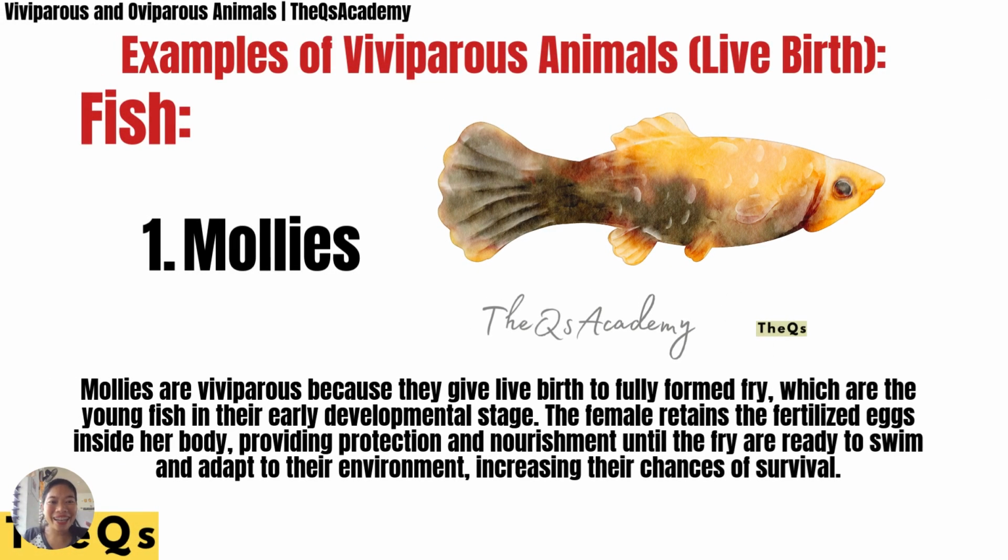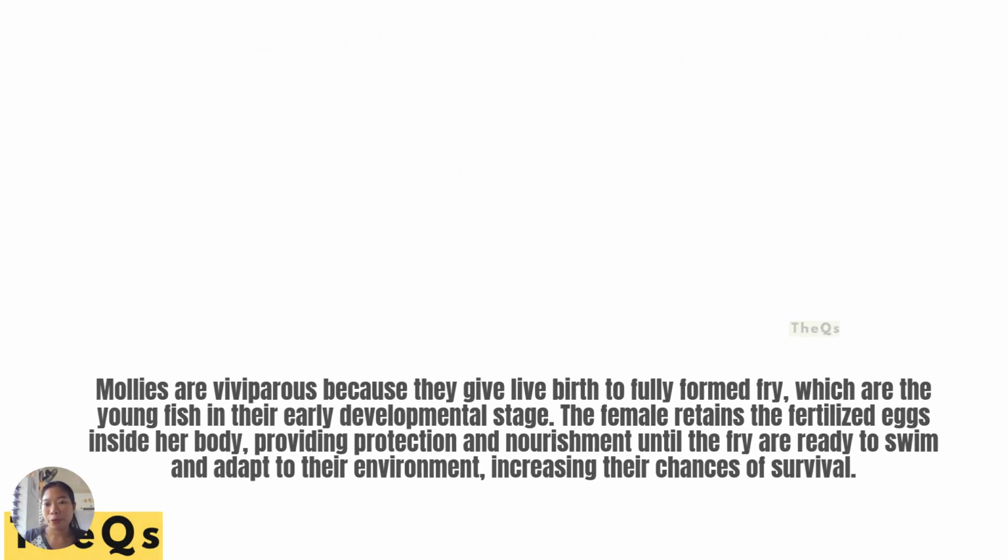Here, mollies. Mollies are also a kind of fish, and they are also viviparous. They give live birth to fully formed fry. So remember, fish like mollies and guppies are viviparous.